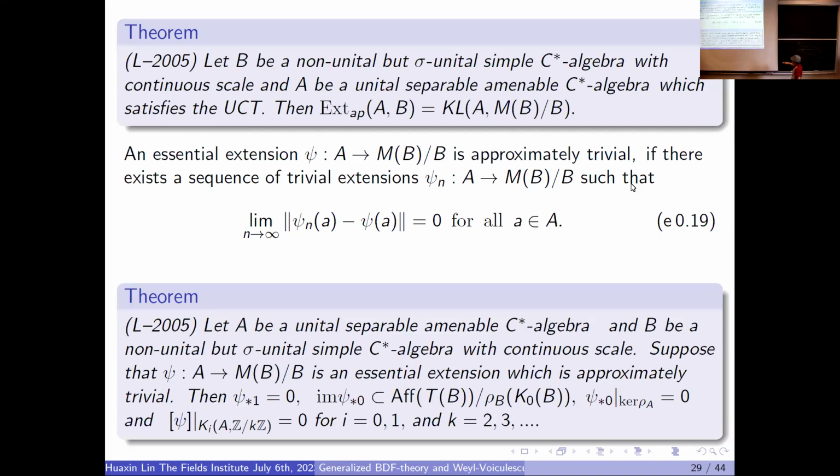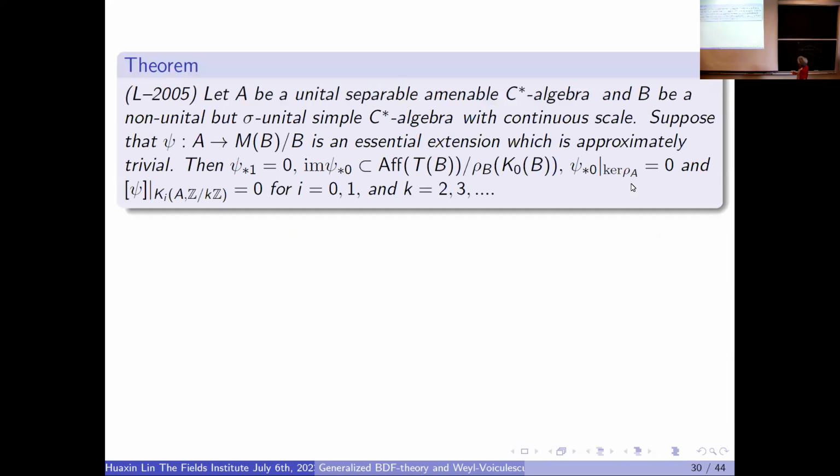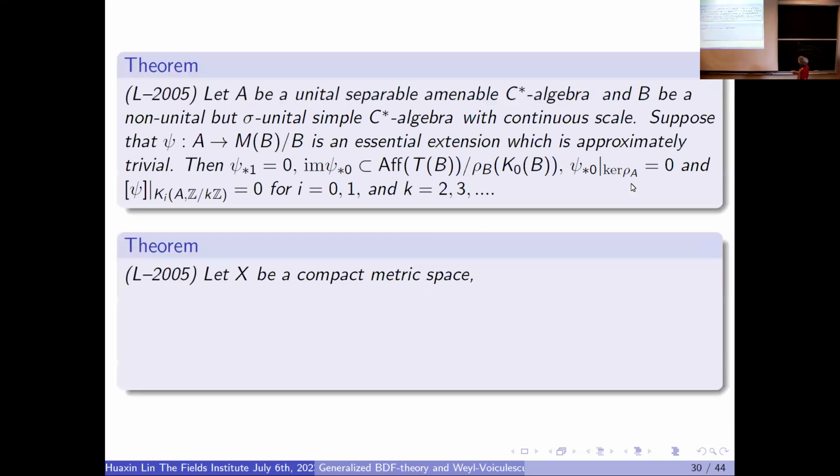I'm not going to explain these groups, but just say this could be done in a way. If you insist you want to know what the approximately trivial ones are, you can say a little bit better.